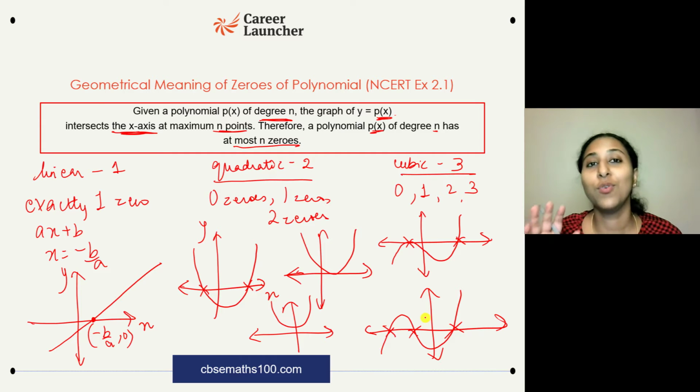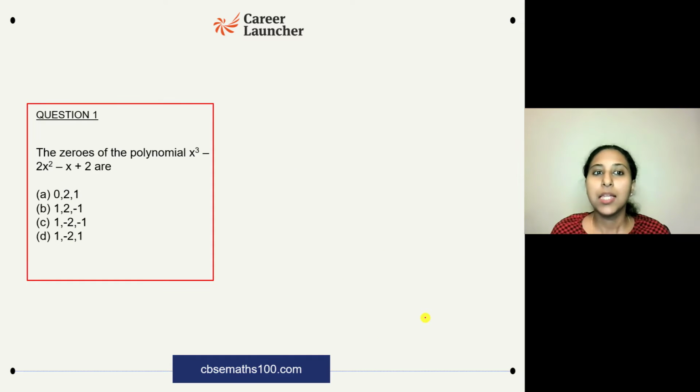Let's discuss a few important MCQ questions based on these concepts now. First question. The zeros of the polynomial x cube minus 2x square minus x plus 2 are. How do you find the zeros of this polynomial? It's a cubic polynomial. One way to do it would be to factorize and find the zeros.